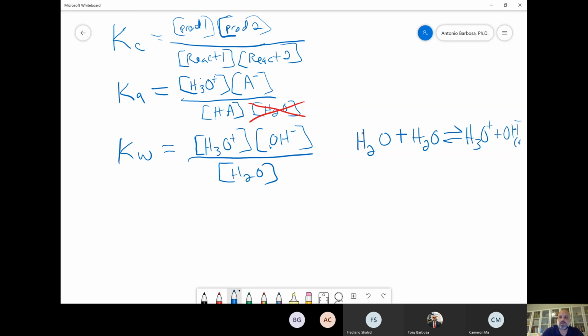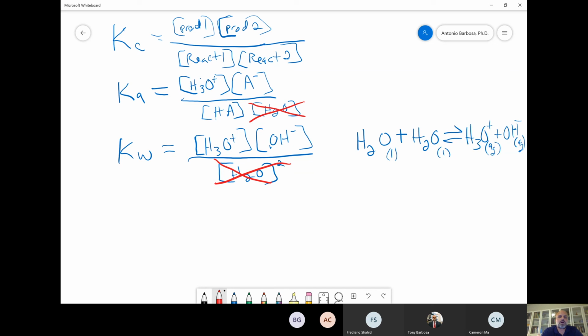But these are both aqueous, and the water is a liquid, so usually it would be water squared. But for the same exact reason, the water disappears from the equation, so our Kw is just the hydronium ion times the hydroxide ion.